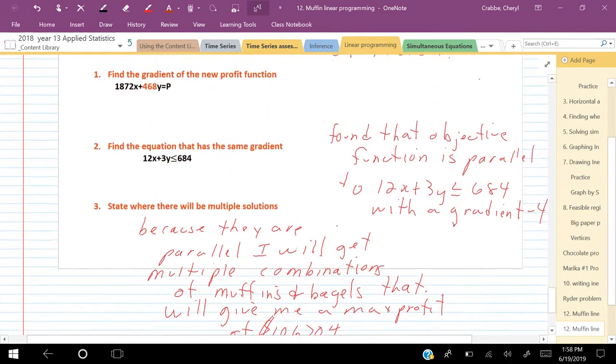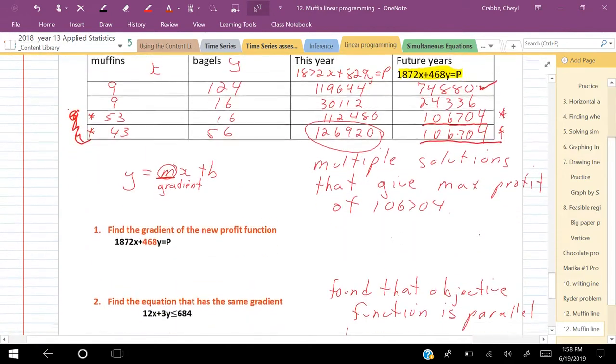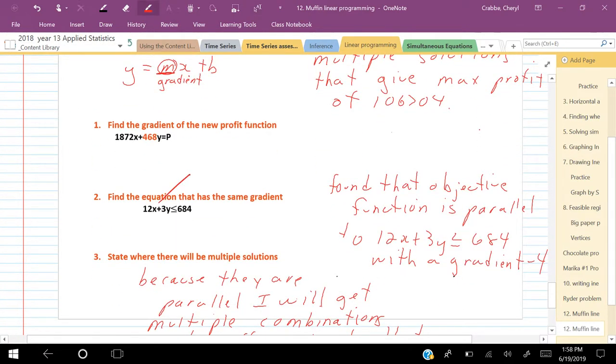Now, what we're also going to have to do is a little bit of a proof around how that's parallel, because we're not going to have Desmos to show them. So we're basically going to have to prove that this profit function's gradient is the same as the one that it backs up against. We're going to have to do a little bit of algebra.